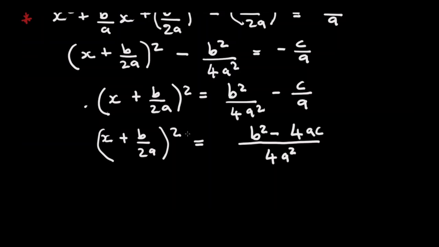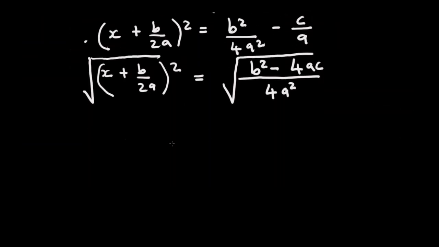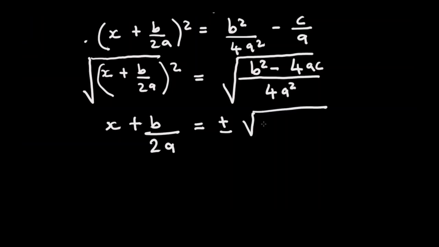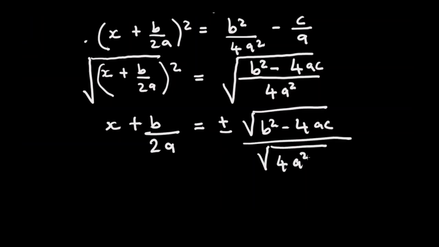We need to remove this square, so we introduce the square root. But in order to balance the equation, we also introduce it on the right hand side. So on the left hand side, we have x plus b over 2a, which is equal to plus or minus the square root of b squared minus 4ac over the square root of 4a squared.